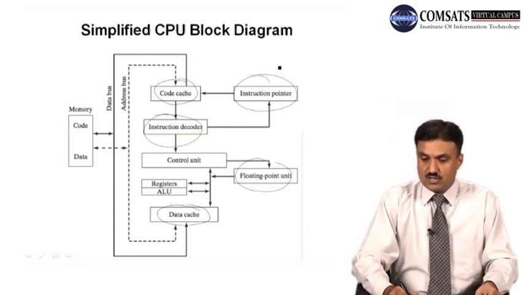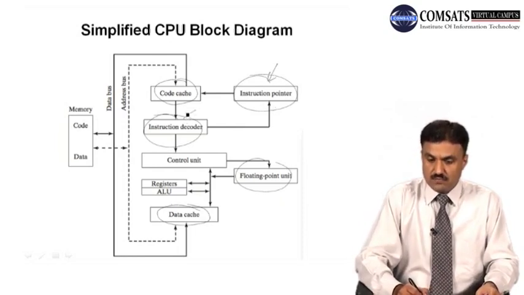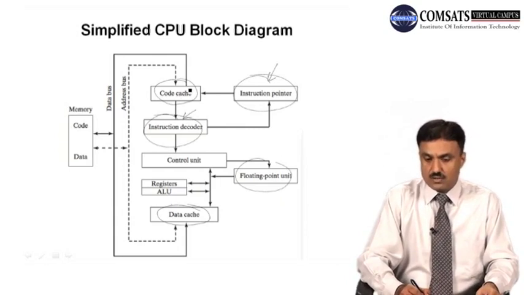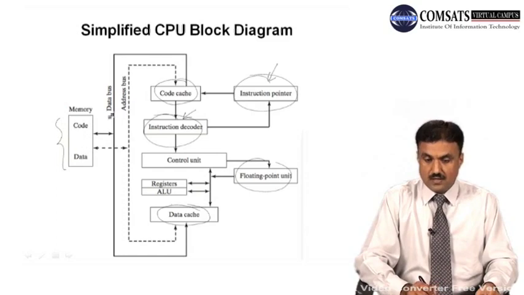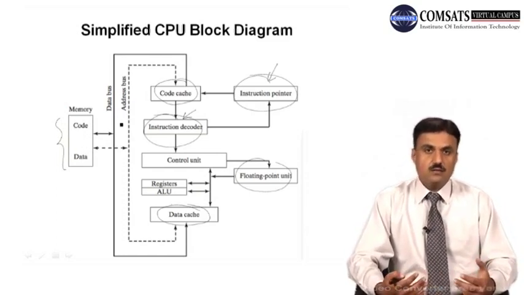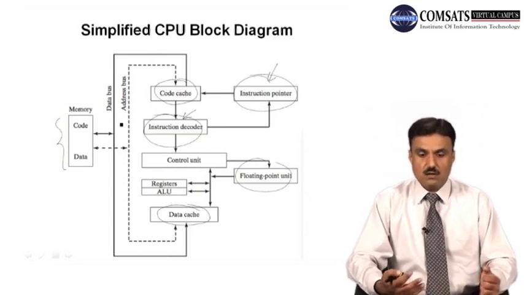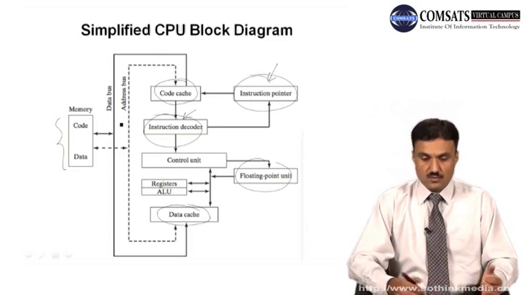These are the components. We have the instruction pointer, then the instruction decoder, then the code cache, and then memory. Here we have one memory, and it is used for both code and data. Definitely, if we are accessing input output devices or memory, there should be data lines and address lines.